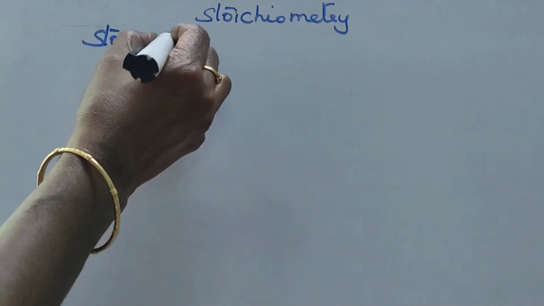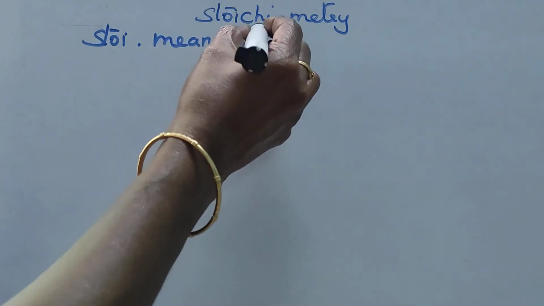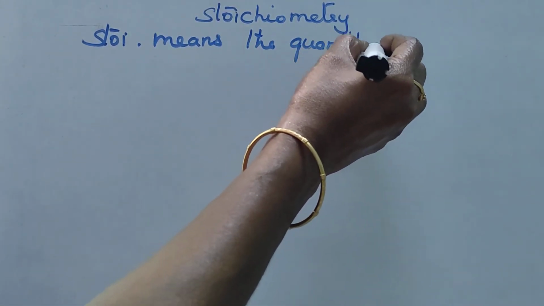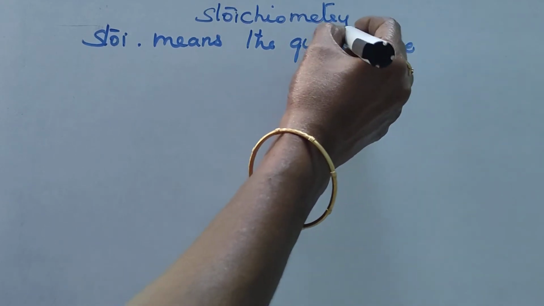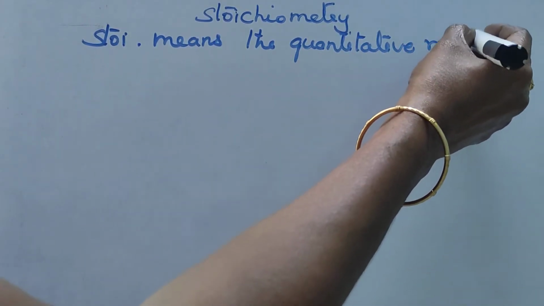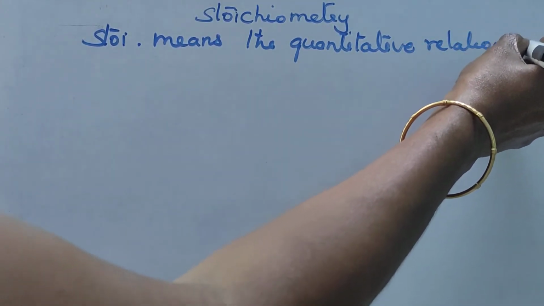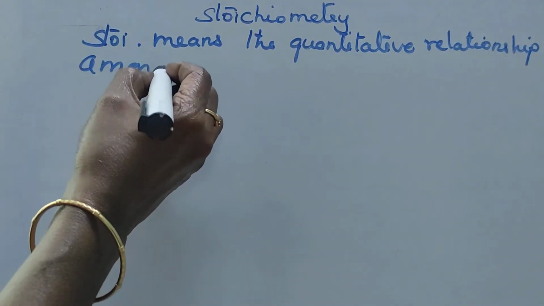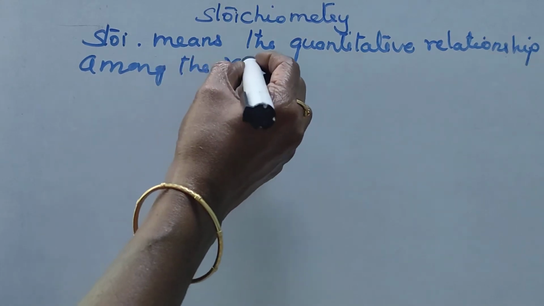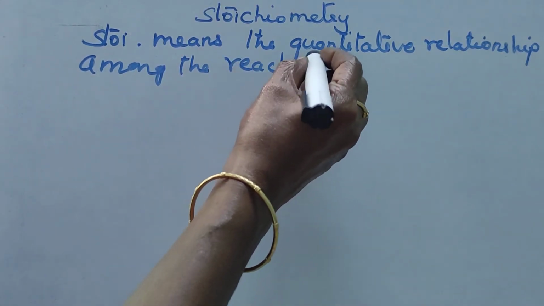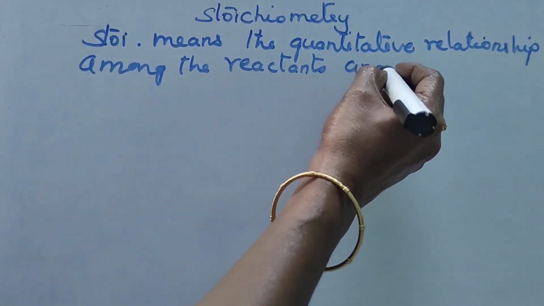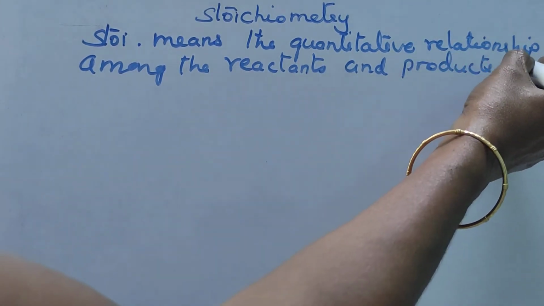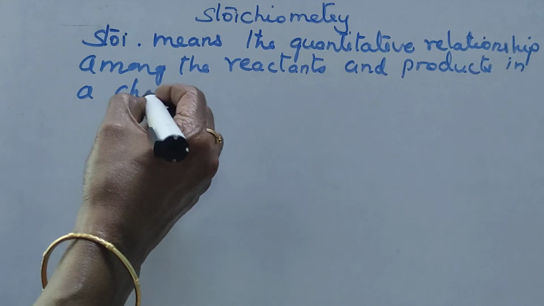Stoichiometry means the quantitative relationship among the reactants and products in a chemical reaction.